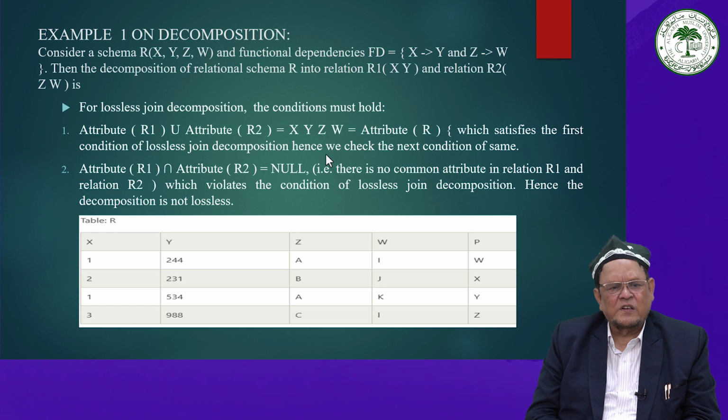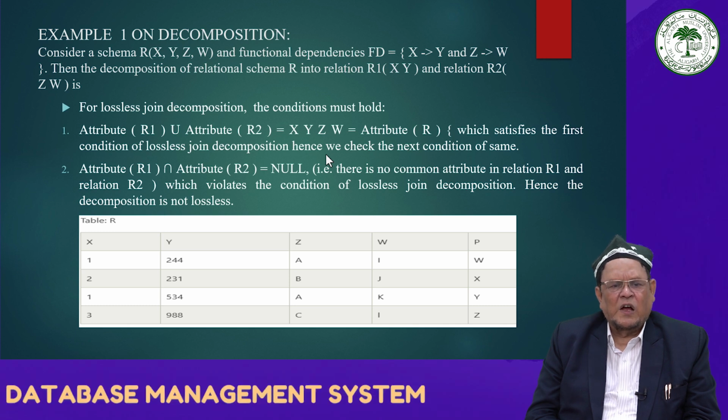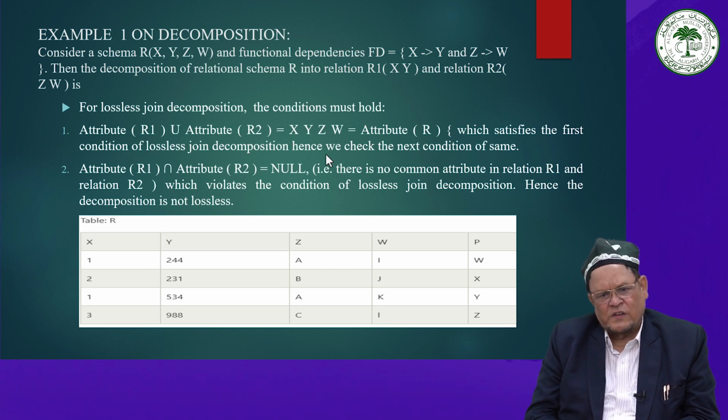In the next condition, if attributes of R1 intersection attributes of R2 is equal to null, it means there are no common attributes in relations R1 and R2, which violates the condition of lossless join decomposition. Hence the decomposition is not lossless.